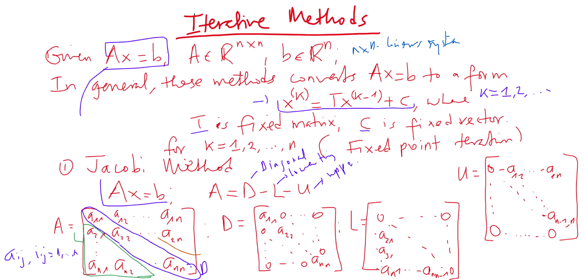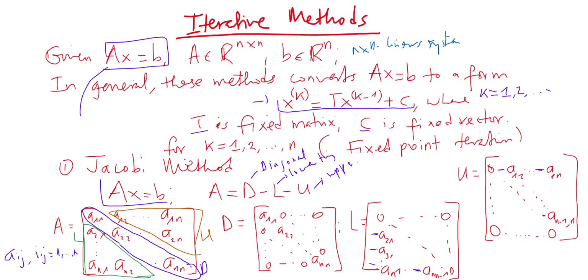In writing this matrix, we add negative signs to all the terms in the lower triangular matrix, and we do the same for all the terms in the upper triangular matrix.